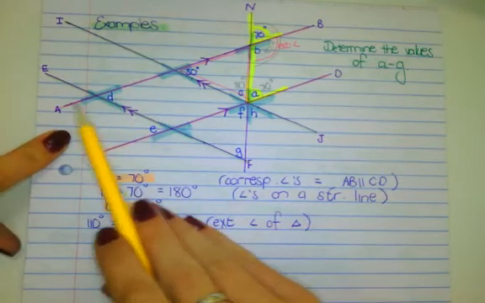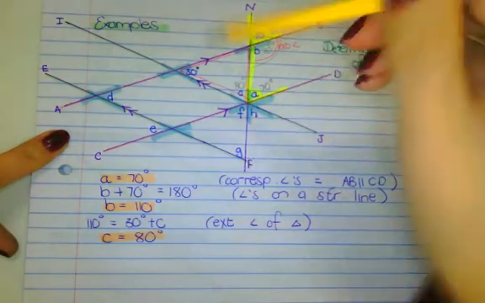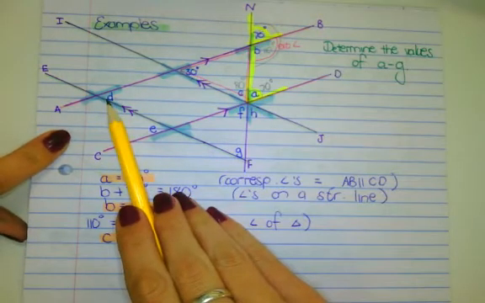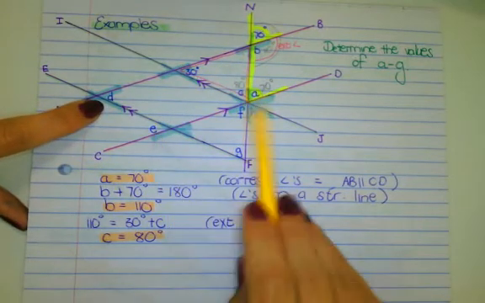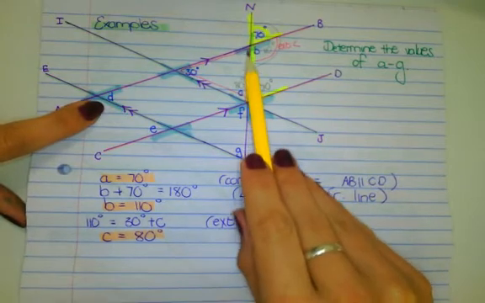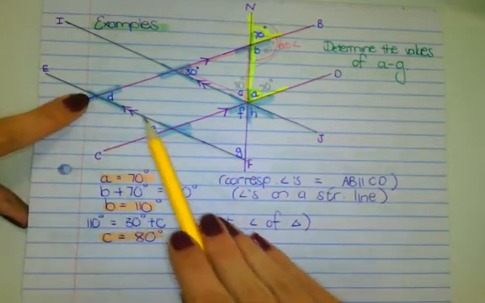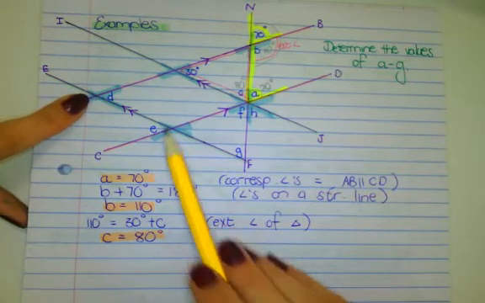Now D is being formed by the pink parallel line and the green parallel line. So let's compare it to all the other angles being formed by the pink parallel line. E, we don't know. A doesn't share a transversal. The transversal for A is this line. The transversal for D is that line. So let's move on. We've looked at all the pink ones. Let's look at all the green ones.